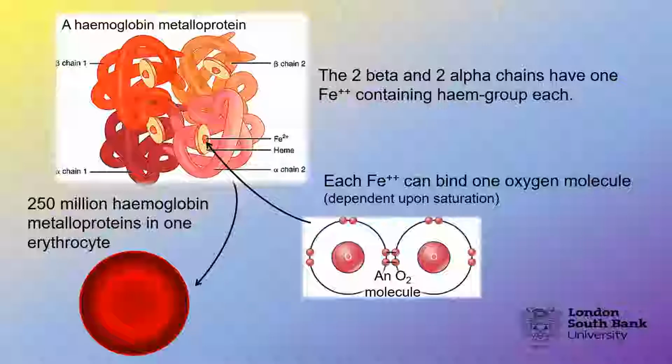Talking about saturation, you'll probably come across, in texts, the oxygen hemoglobin dissociation curve. We're not going to go into that in too much detail, but basically this curve, it's a graph. It plots the saturation of hemoglobin against partial pressure in the blood. It's determined by this affinity, the affinity that each Fe++ has for oxygen to bind it.